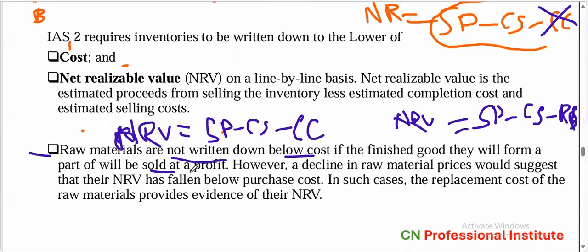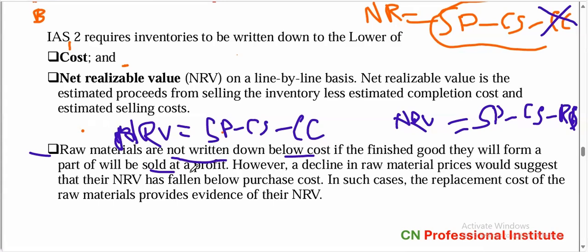Normally for raw materials, look at the finished goods that these raw materials form part of. Would these finished goods be sold at a profit? If they'll be sold at a profit, then you should never write down the raw materials below the cost. In other words, you don't have to record the value for the raw material below the cost, right?